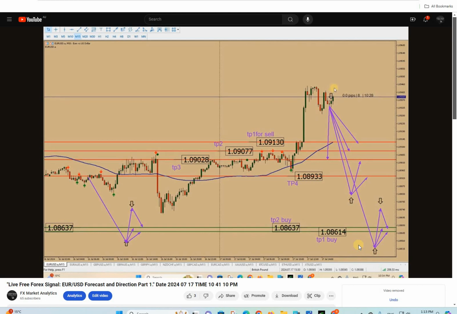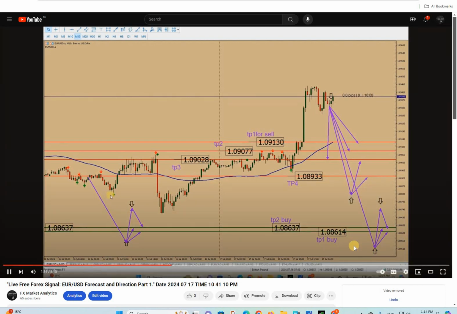And if it's happening and we get a signal arrow in this area of the selling zone, we can enter the trade for this level of TP1, TP2, TP3, and the final one is TP4. And if price passes this and comes into this area, and if we get a green signal, we have an opportunity to buy again to this level.